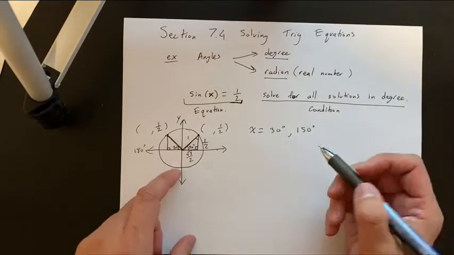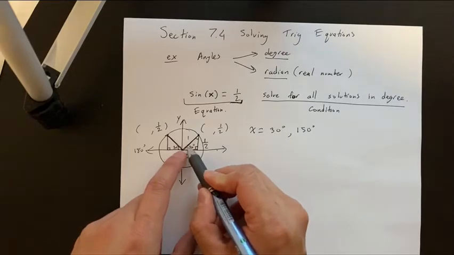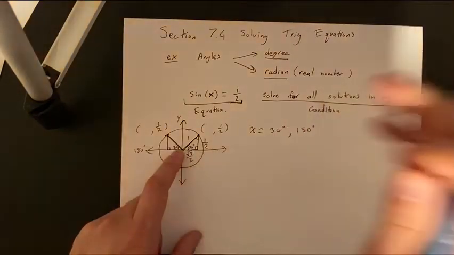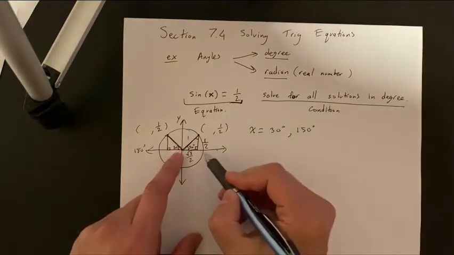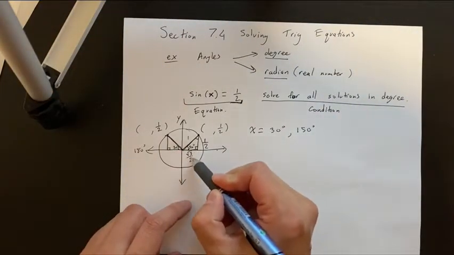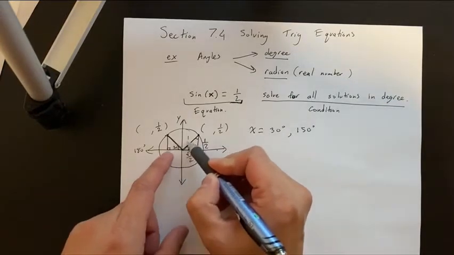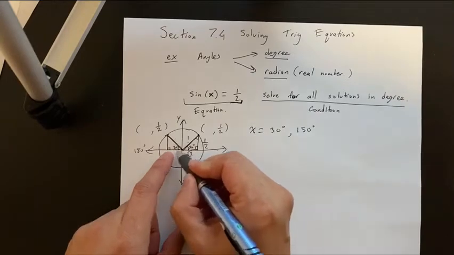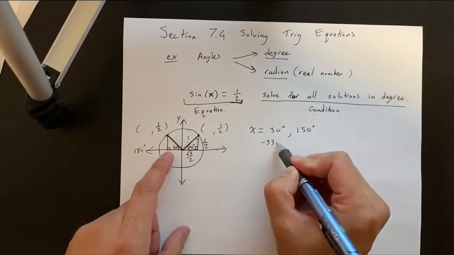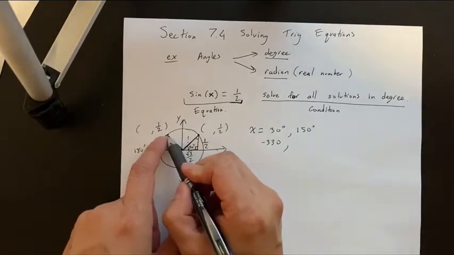So for example, instead of going 30, I could have gone the other direction, the clockwise direction, and gotten to the same position, but it would be a negative angle, and it would be negative 330. Okay, what's another way to get to this position?